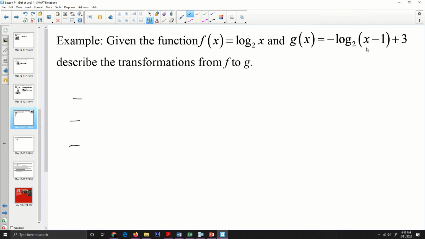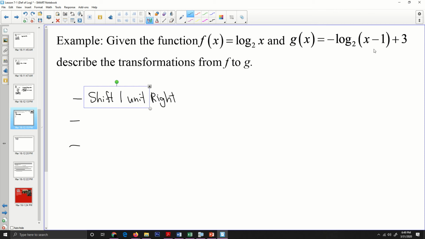So let's say I pick x is equal to 5, and what happens when I plug 5 in there? Well, the first thing that's going to happen is I'm going to subtract 1. Now, when I subtract from the variable, we remember that that is going to be a shift 1 unit right. All right, so we're going to shift 1 unit right with a subtraction by 1.